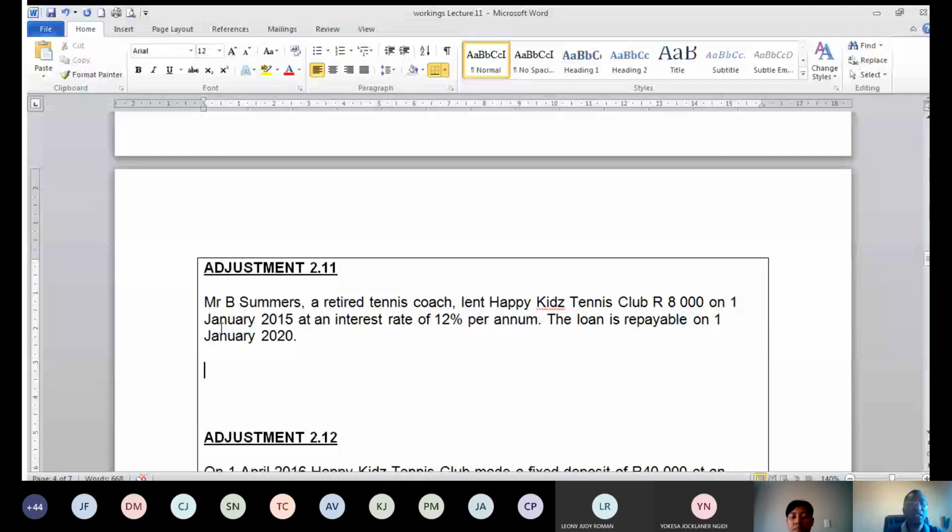The loan is an amount of 8,000 Rand. So interest on the loan, we want to calculate how much must we pay. To calculate the interest on the loan, it will be an amount of 8,000 Rand, and we must pay 12% per annum for the year. That means that we are supposed to pay 960 Rand in interest. That is what we are supposed to pay for the year.